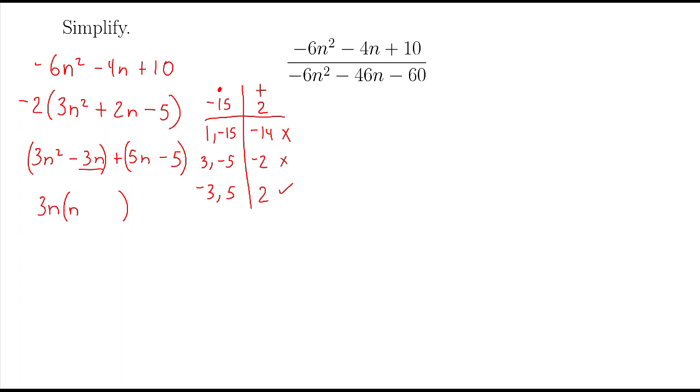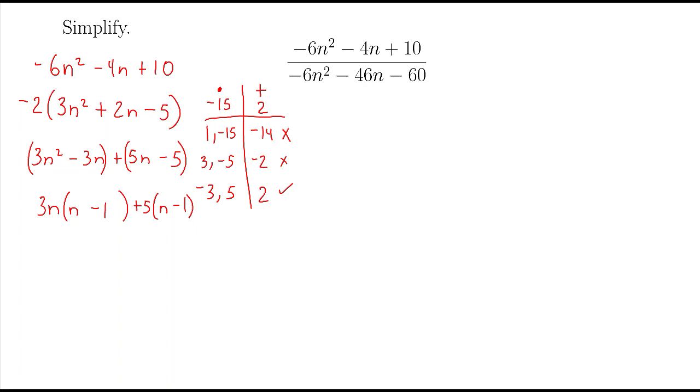And if I divide this by 3n, I'm left with negative 1. Then for the last two terms, they have a common factor of positive 5. If I divide by 5, I'm left with n, and here I would end up with a negative 1.